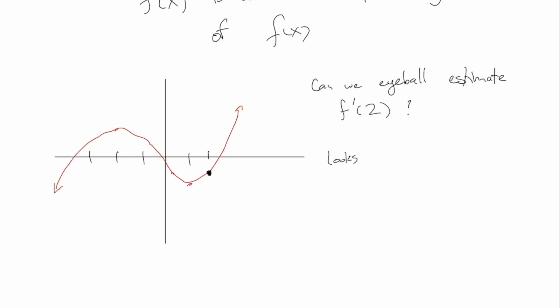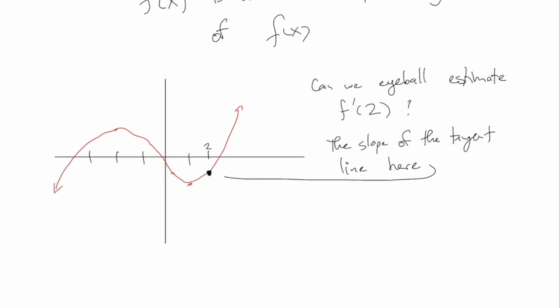What does that mean in terms of the graph? It means the slope of the tangent line at this black point here, where x equals 2. That means the slope of the tangent line here at this point.